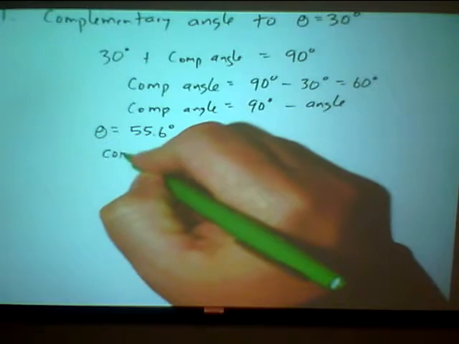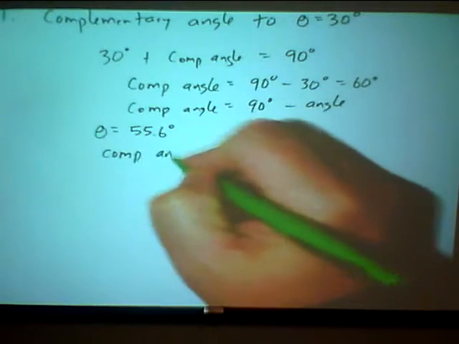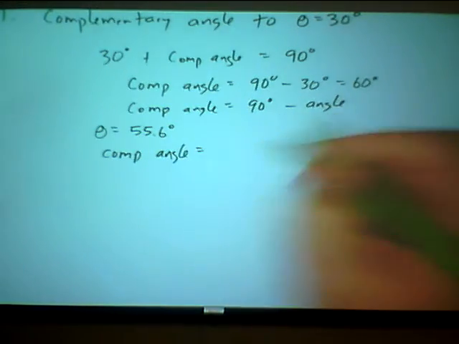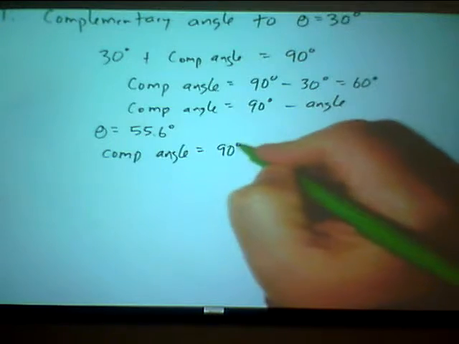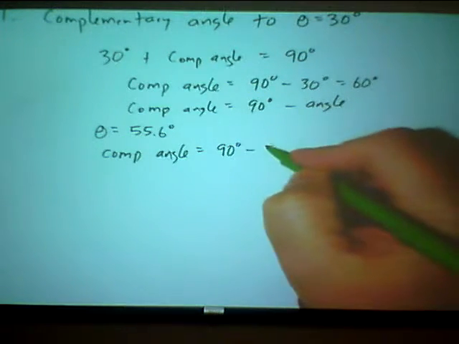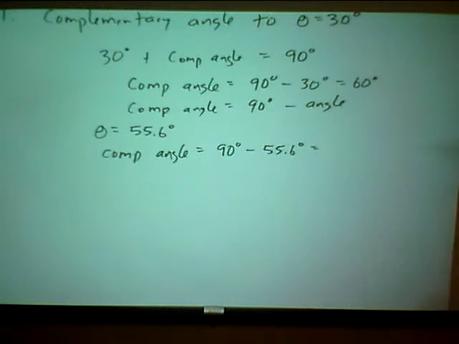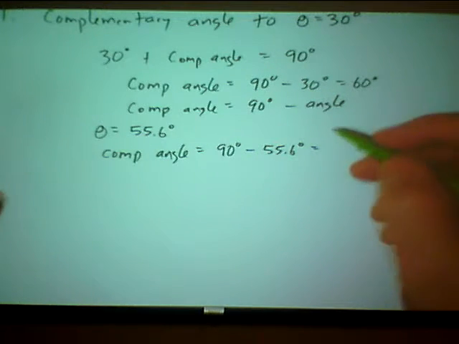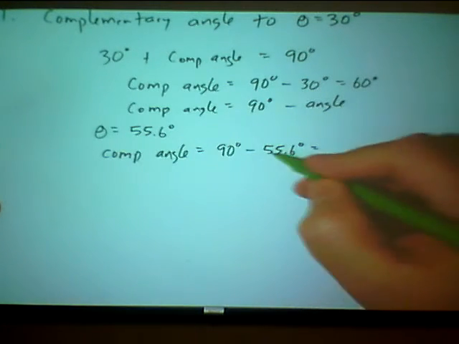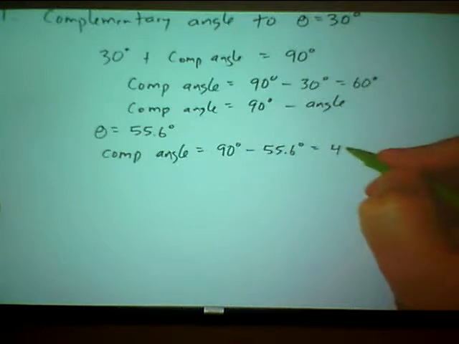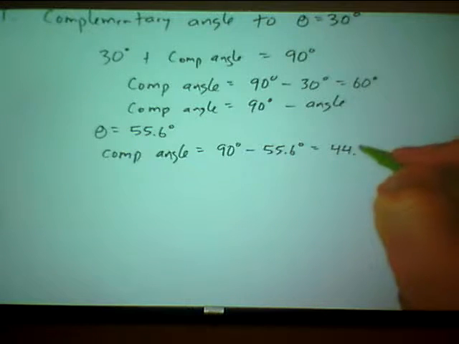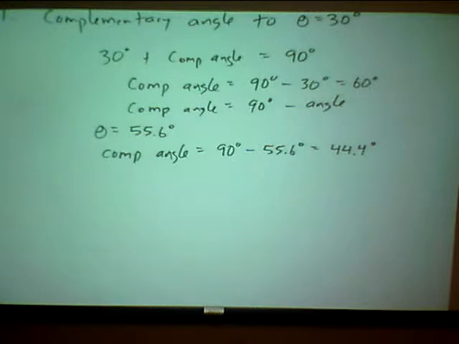Well, the complementary angle of that, once again, you take 90 degrees and you subtract your angle. Now you may have to grab your calculator to make sure you don't mess up in this math, but when you subtract 90 minus 55.6, the complementary angle would be 44.4 degrees. All right, not too hard.